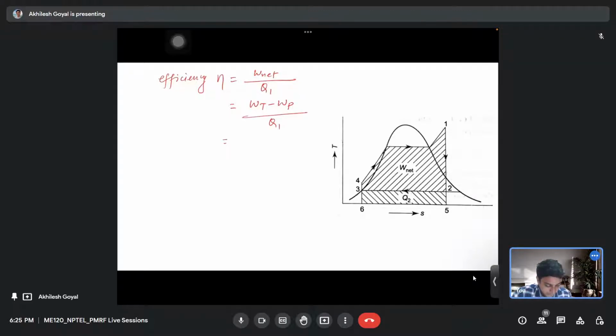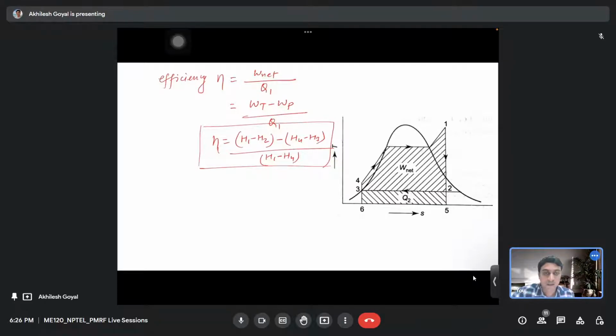WT we can see from the previous slide, the turbine work, is H1 minus H2. So we can write H1 minus H2 minus WP, which is H4 minus H3, and heat Q1 is H1 minus H4. Okay, so efficiency can be calculated from the enthalpy values of this cycle.